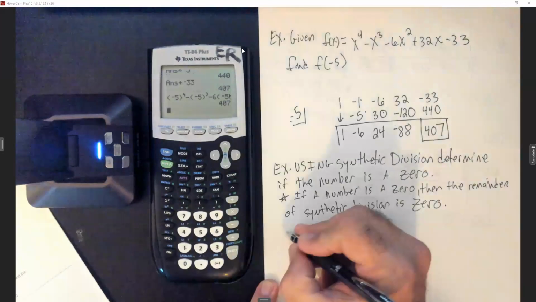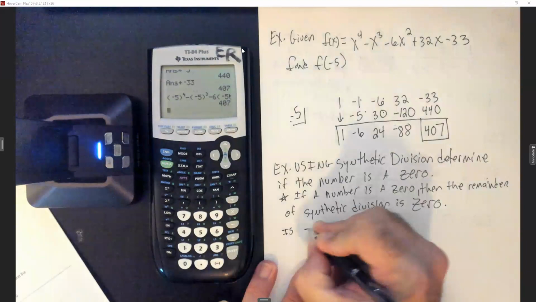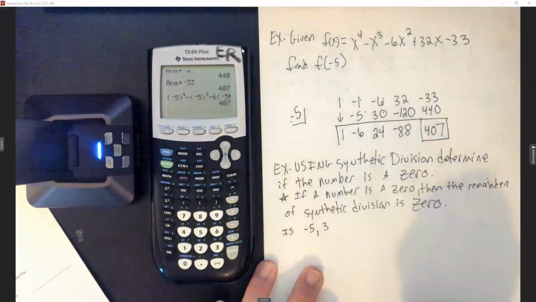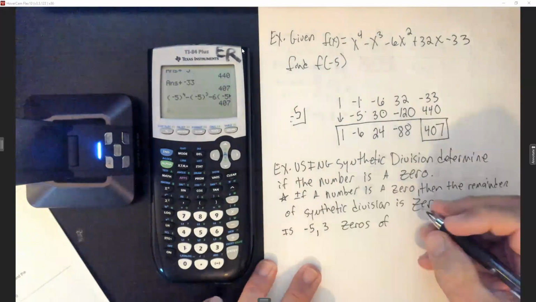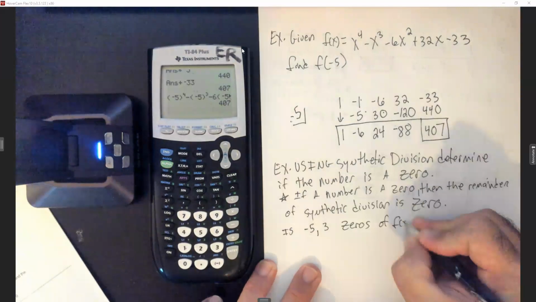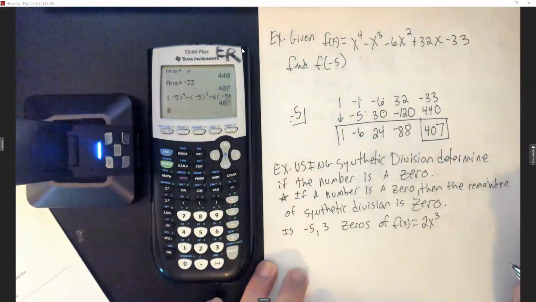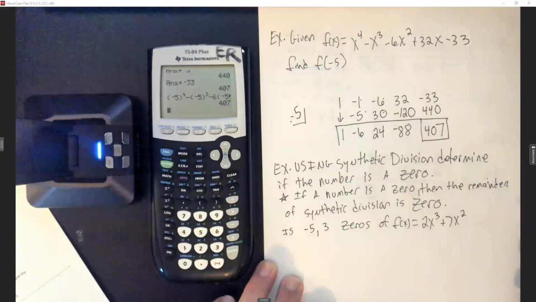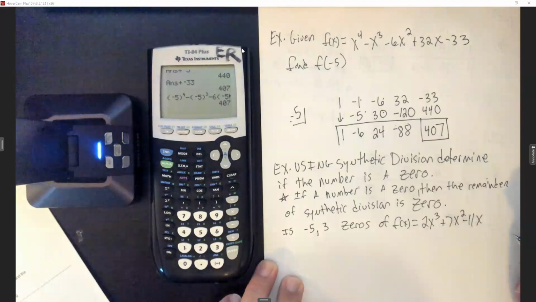So is -5 and 3 zeros of f of x equals 2x to the third plus 7x squared minus 11x plus 20.